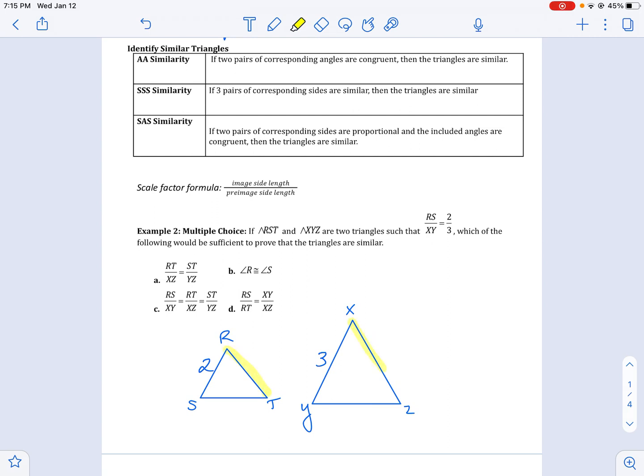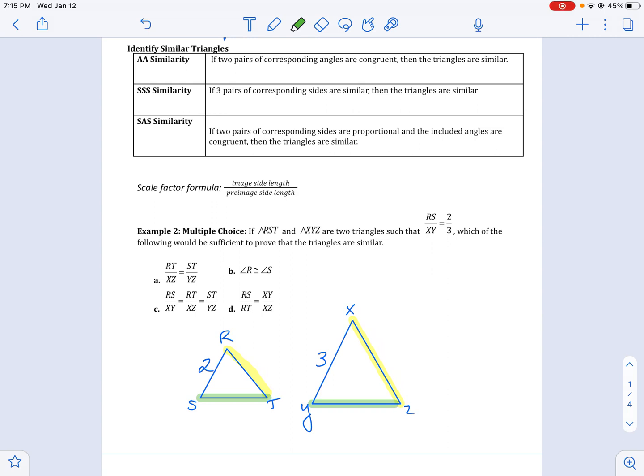If RT is corresponding to XZ, then ST and YZ are proportional. So if those are in the same proportion, if those are proportional sides, would that get me angle, angle? Would it get me side, angle, side? Would it get me side, side, side?